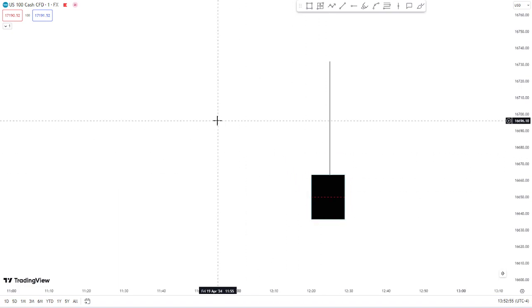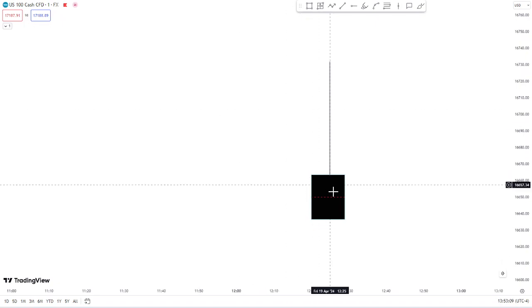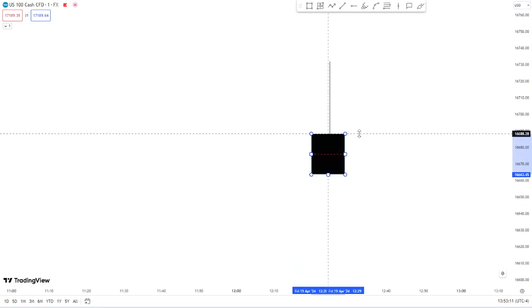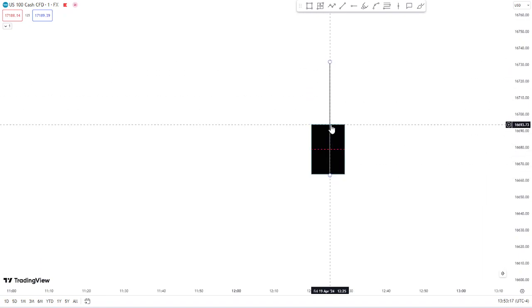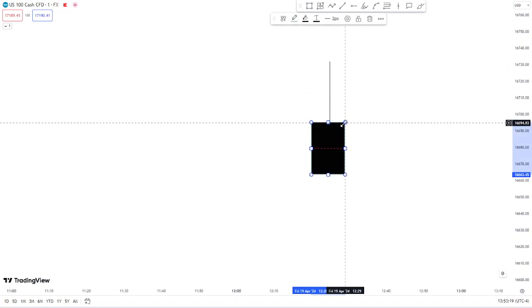A no wick candle basically means that the candle which is supposed to have an open high low close or an open low high close, which are 4 components, in a no wick candle one component is missing. This component depends. Like in this bullish candle, where there was no lower wick, there was an open, there was a high, and there is a closing, but there is no low in this candle.